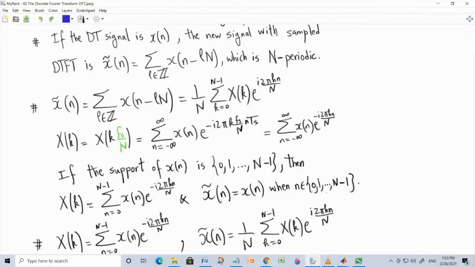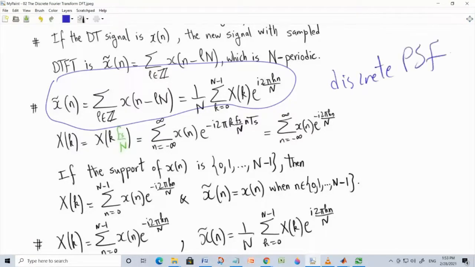You will get an n periodic signal, and we got this relationship here. Sometimes it's called the discrete Poisson summation formula, and it is very useful, as you will see in the problem set. And this x of k is the original DTFT evaluated at kfs over n.